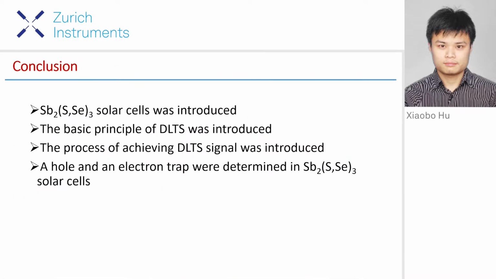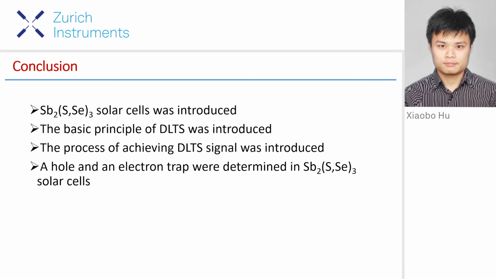So finally I will give a conclusion of my report. First, antimony selenosulfide solar cells were introduced, which is a new material solar cell. Second, the basic principle of DLTS was introduced. Third, the process of achieving DLTS signal was introduced.